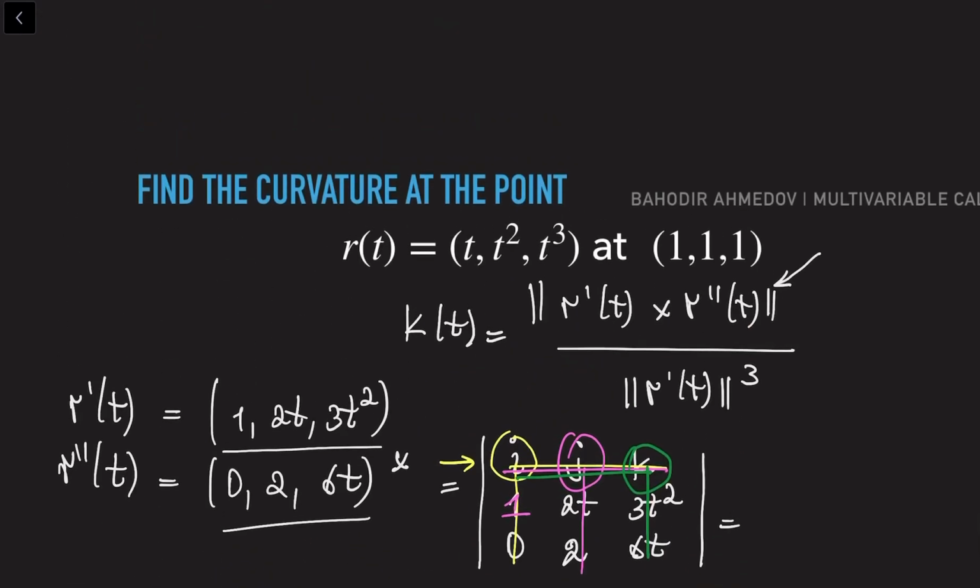We need to find the curvature at this point, right? You can obtain this point by substituting t equal to 1 into the vector function. So that is why we need to evaluate all of these functions at t equal to 1.